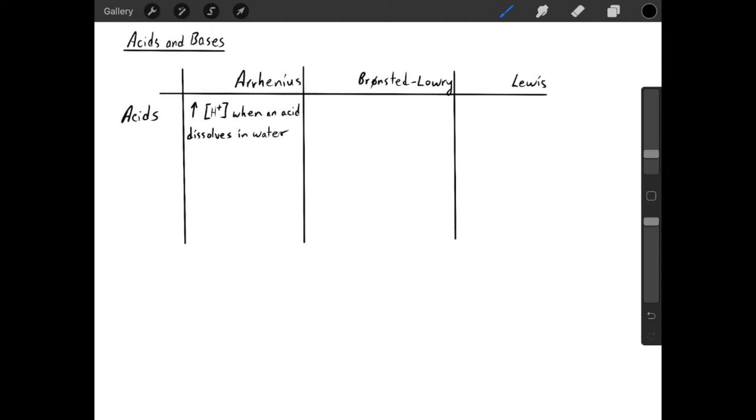An acid under the Bronsted-Lowry model is going to donate H+ ions to another substance. And an acid under the Lewis model is going to accept an electron pair from another substance.